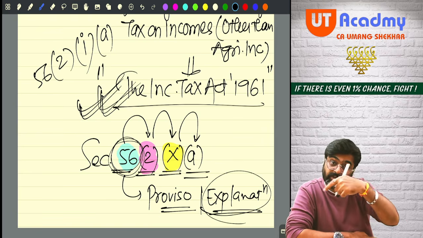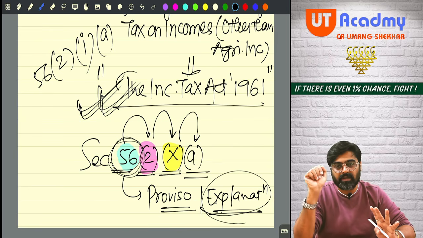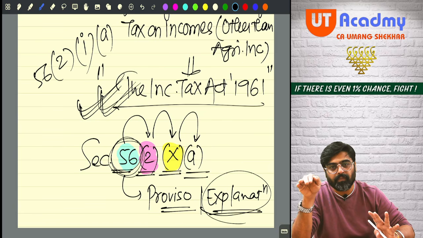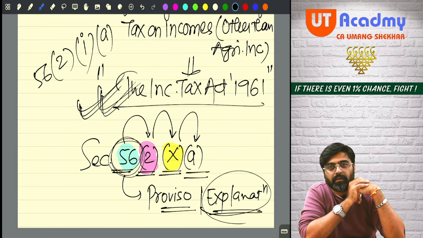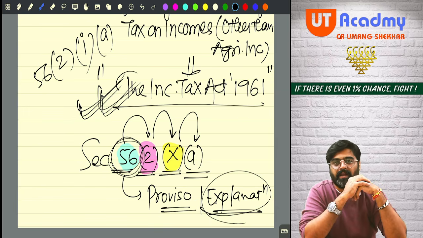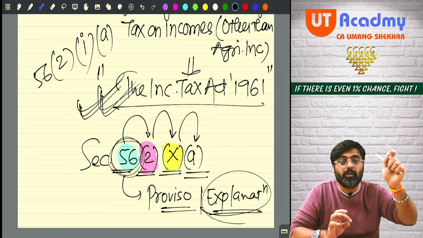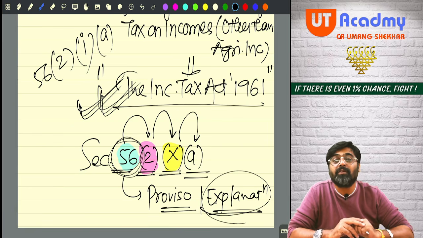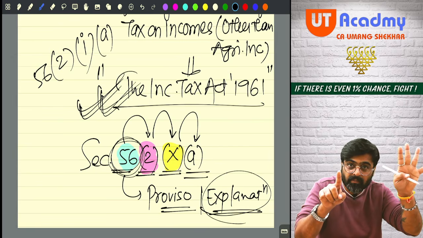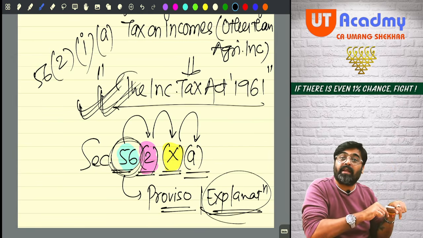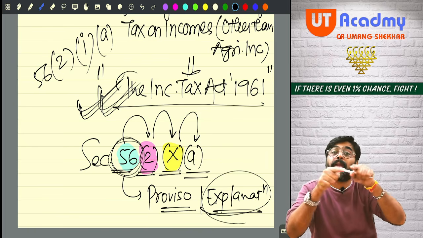For example, there is one provision in which firms are not eligible to get this benefit. But in the explanation, they will write, firms also includes LLP. That means we are making clear that this provision is not applicable for firms, and in the explanation we are writing, firms also includes what? LLP. That means this provision equally applies to LLP also.